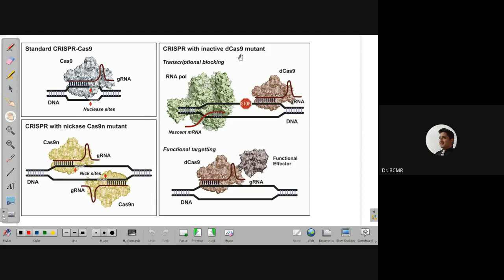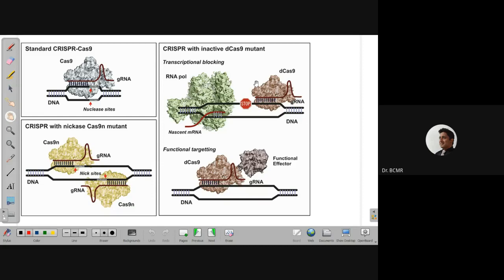And here is one I'm trying to show: transcriptional blocking. What is transcriptional blocking? I just want the transcription to stop midway. If RNA polymerase is trying to move from here and transcribe the DNA gene, and I have added a guide RNA along with a defective Cas9, it binds here and obstructs, a kind of transcriptional interference.